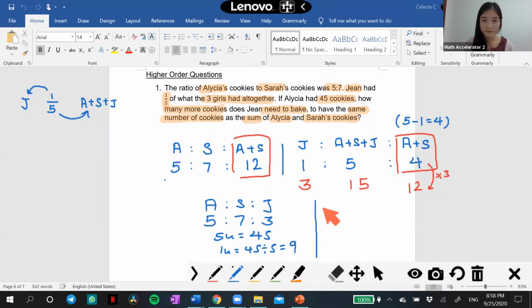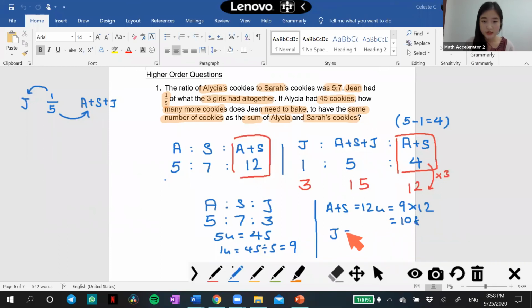Correct. So how many more cookies does Jean need to make to have the same amount of cookies as the sum of Alicia and Sarah? So Alicia and Sarah, their total is 12 units, which is 9 times 12. 108.